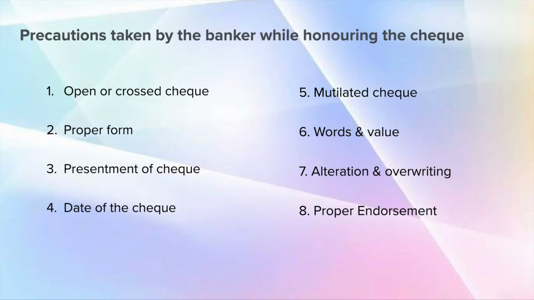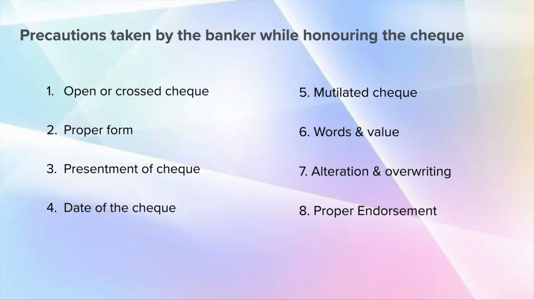So the first one is open or cross check. Second is proper form. Third is presentment of check. Fourth is the date of check. Fifth, mutilated check. Sixth, words and value. Seventh, alteration and overwriting. And the last one, proper endorsement.